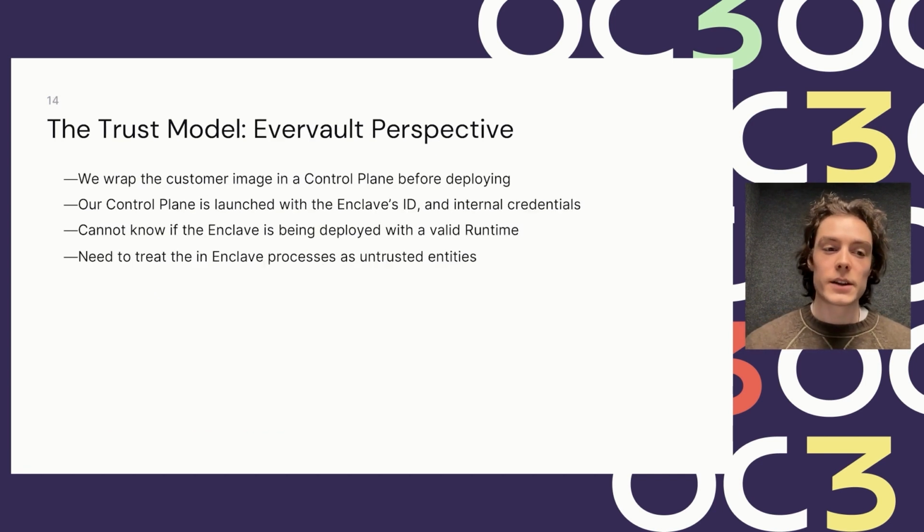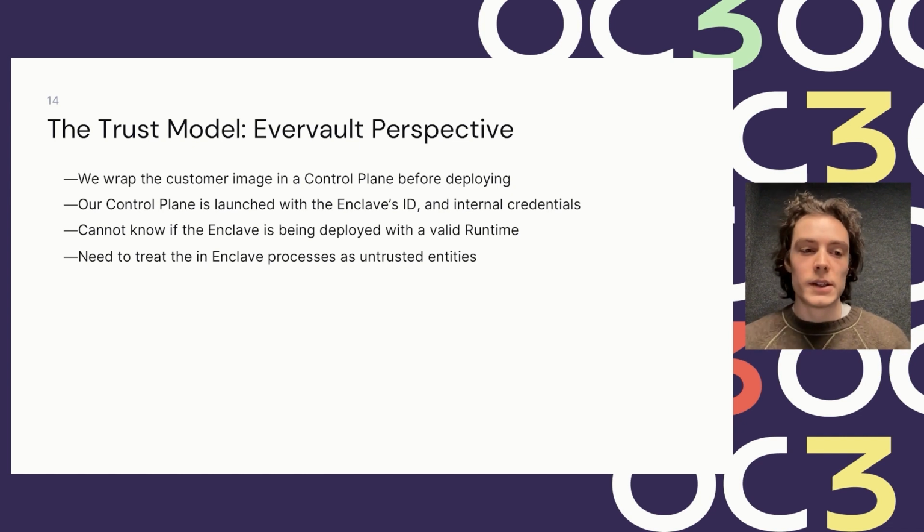And so from our perspective, we wrap their image in our control plane, our host process, and we launch the host process with the unique identifier for their enclave, as well as some internal credentials like an MTLS client certificate, which we'll discuss later. So we don't know if the image running in the enclave has a legitimate Evervault runtime within it.